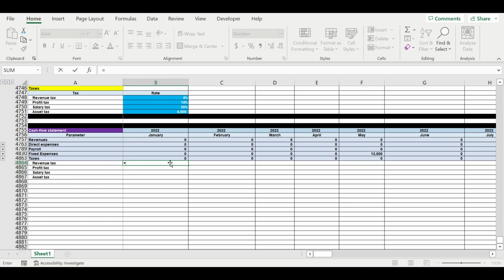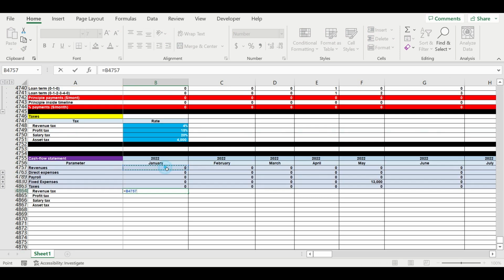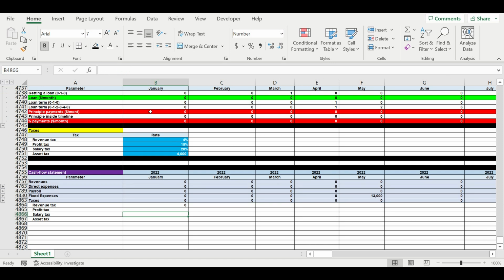So revenue tax, we are adding the rate for the revenue to calculate the revenue tax. Profit tax we will do a little bit later, because we need to map our principal payments and interest payments for the loan. Then salary tax, we take payroll and multiply it by the salary tax rate.